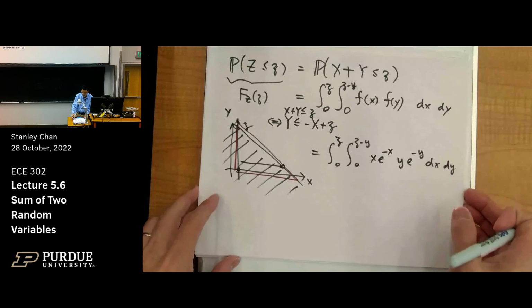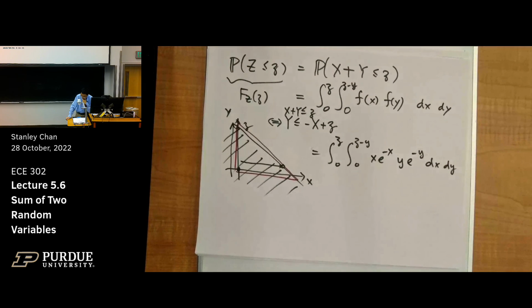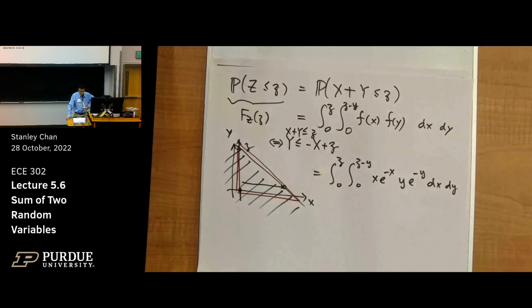Okay, dx and dy. If I want to integrate this thing, then I have a z here. What should I do?